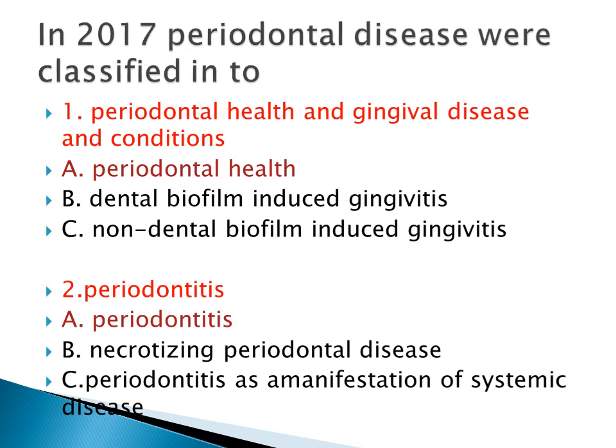In addition, the terms chronic periodontitis and aggressive periodontitis were termed just periodontitis in this classification system, since a systematic review of both diseases found no difference between them. There was also the involvement of necrotizing periodontal disease and periodontitis as a manifestation of systemic disease.